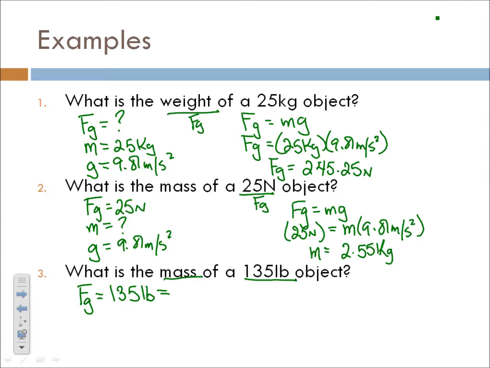We go to our resource sheet, and we find that there are 4.448 newtons in 1 pound. If I figure out how many newtons 135 pounds is, I get 600.48 newtons. That's what I'm going to use as my force of gravity to determine my mass.